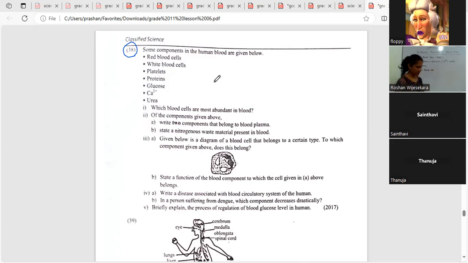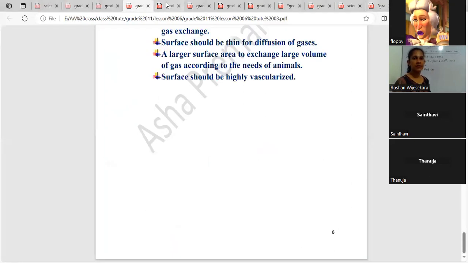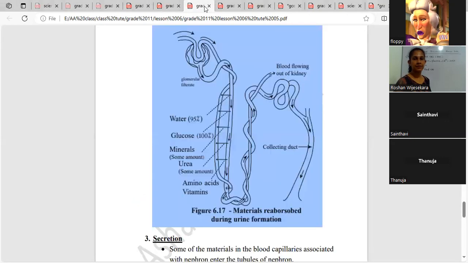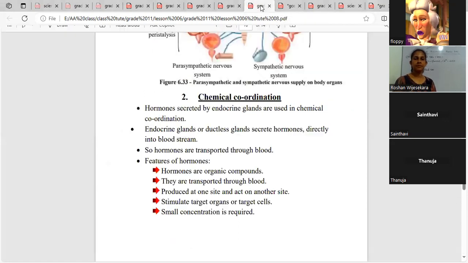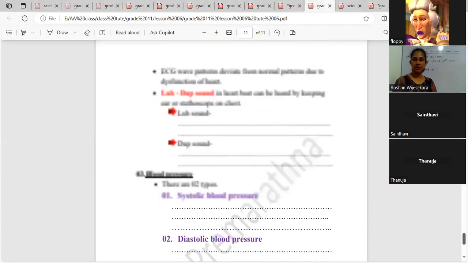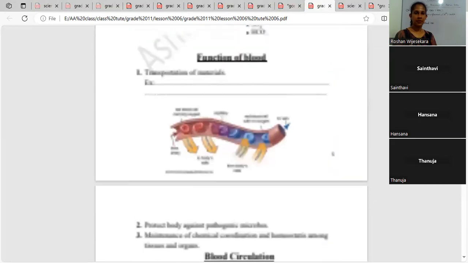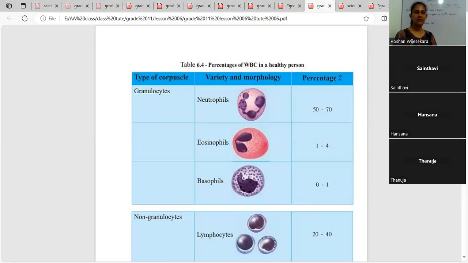I have given you photographs of white blood cells.